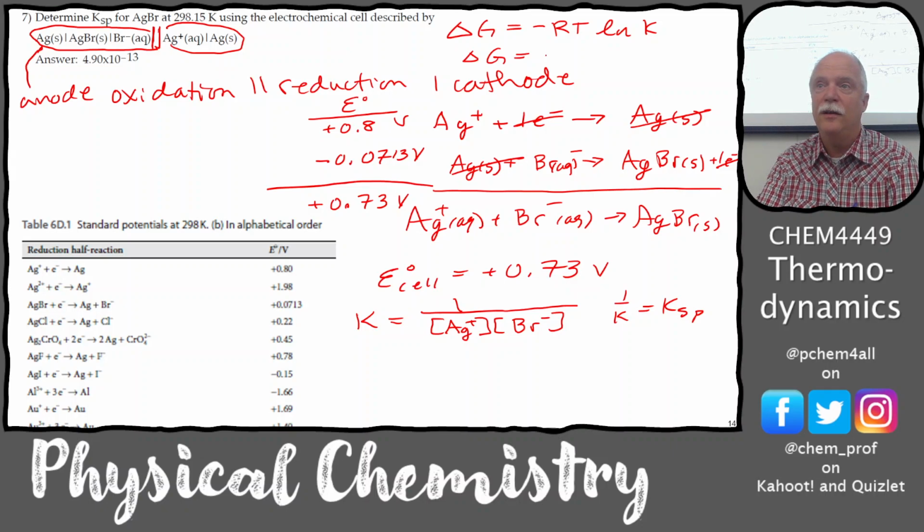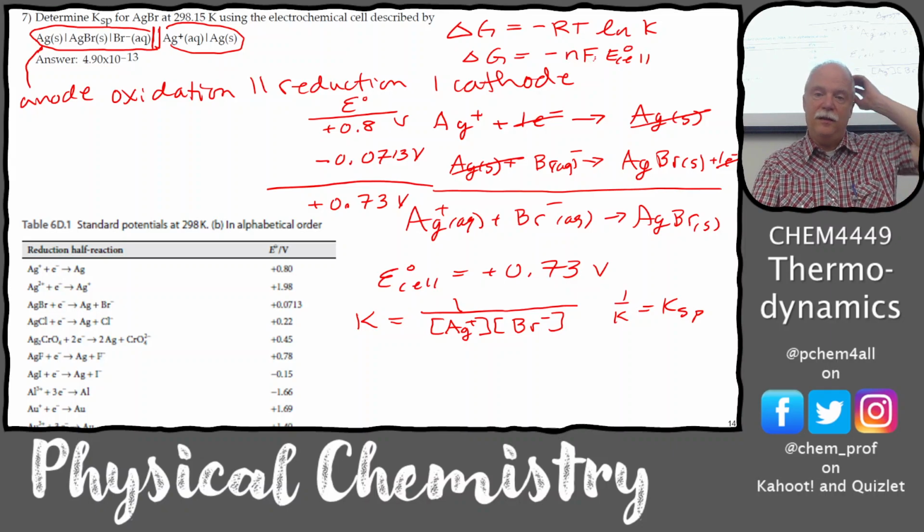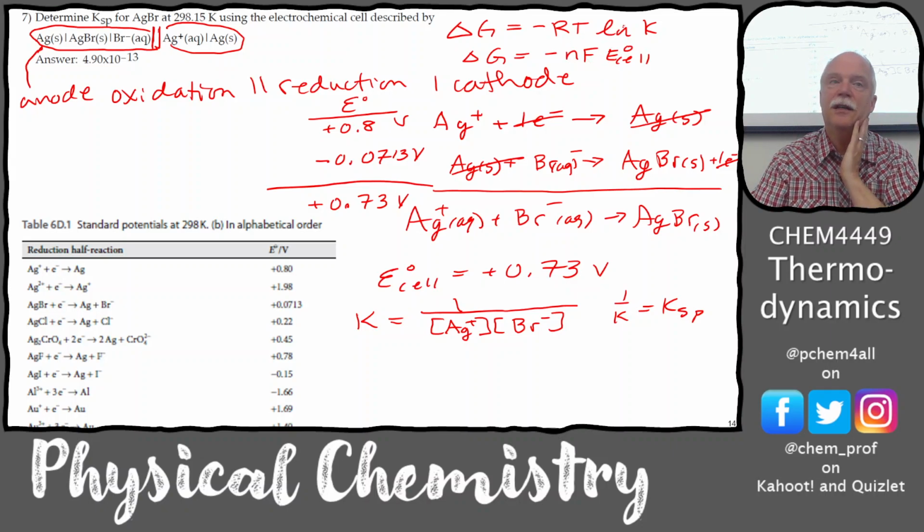What is that one? Minus nFE. So there's my connection to K. So from this positive 0.373, I could calculate my delta G.